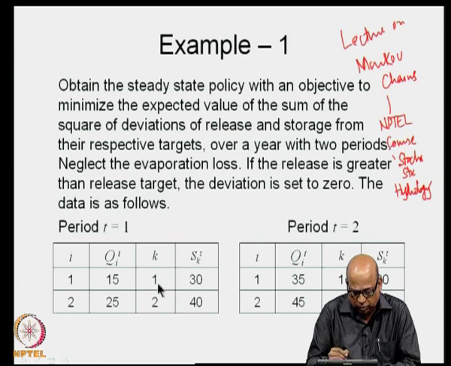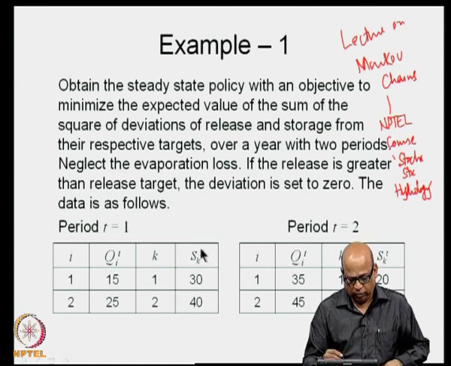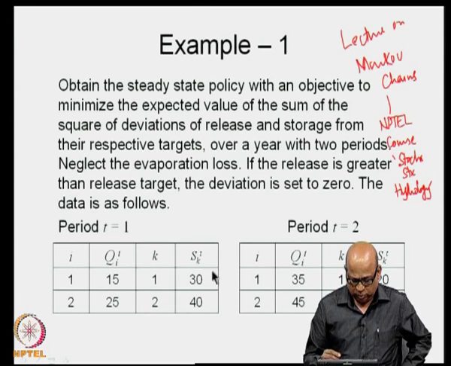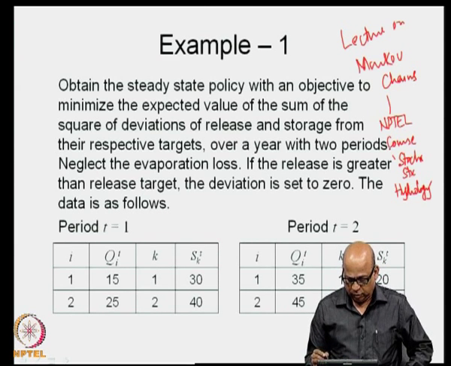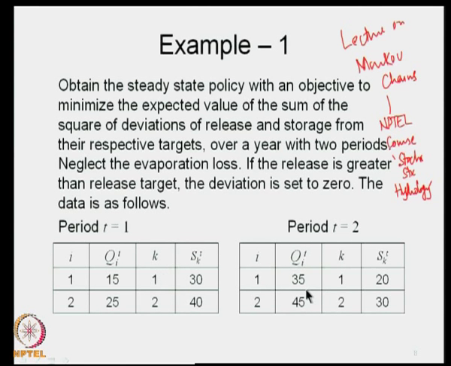Similarly, for storage class interval 1, I have the representative value 30, denoted as S(K,t), and corresponding to storage class interval 2, the representative value is 40. Similarly, for period 2, we have defined this. So, you need the representative values as the first set of data.